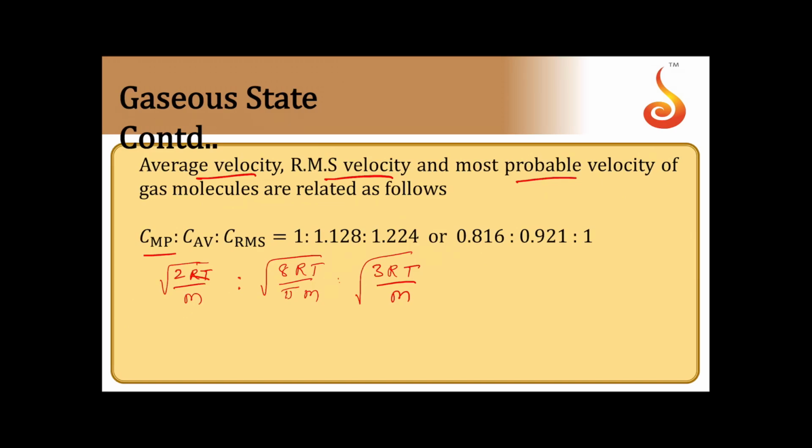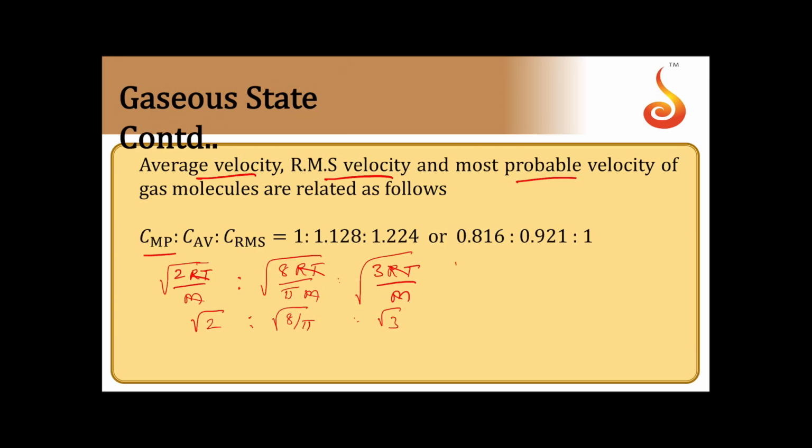We can remove RT by M throughout because all have a common RT by M. So we are left with root 2 is to root of 8 by pi is to root of 3. To make it further simple, divide throughout by root 2.